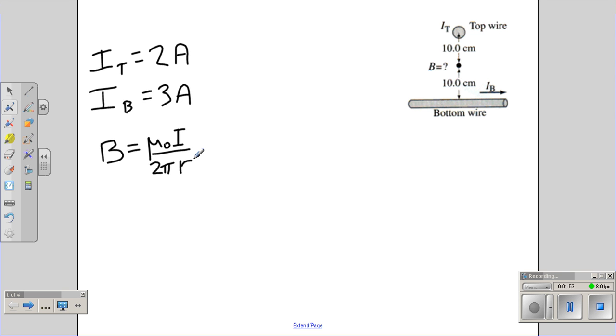Of course, we don't like centimeters in our class. We use the MKS system, which stands for meters, kilograms, and seconds. So we'll be using meters.